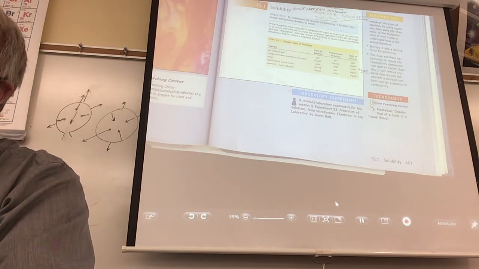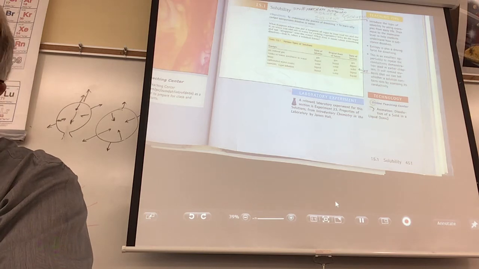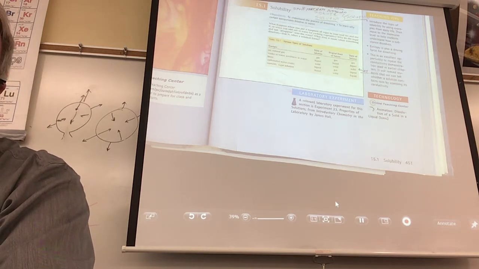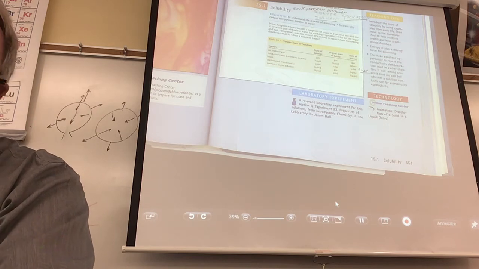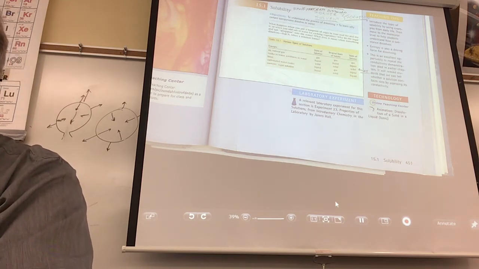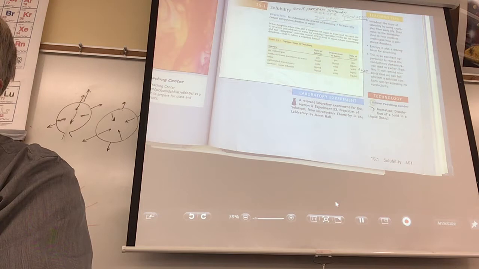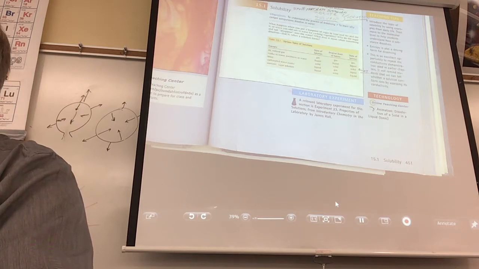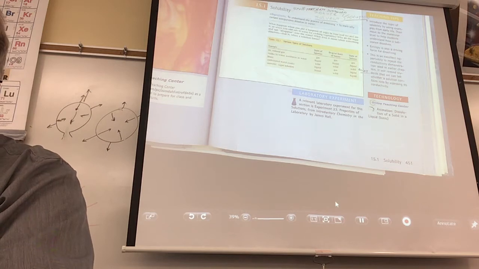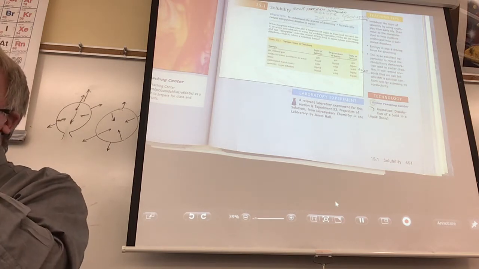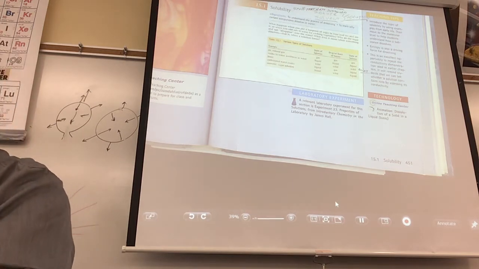Could you have a liquid dissolved in a liquid? That could be a solution too. Like when I buy rubbing alcohol at the CVS or Food Line, wherever, it'll say 80% rubbing alcohol. What's the other 20%? Water. So you can have a mixture of liquid and liquid, can't you?